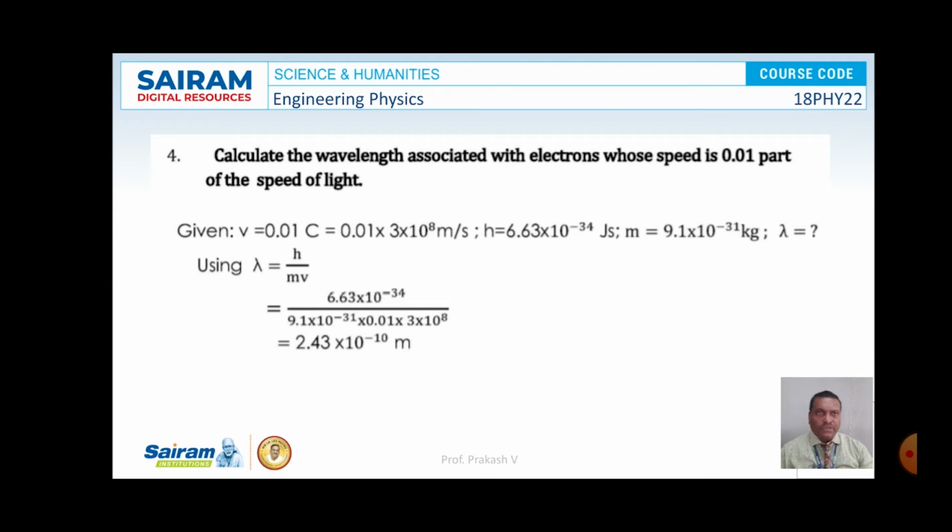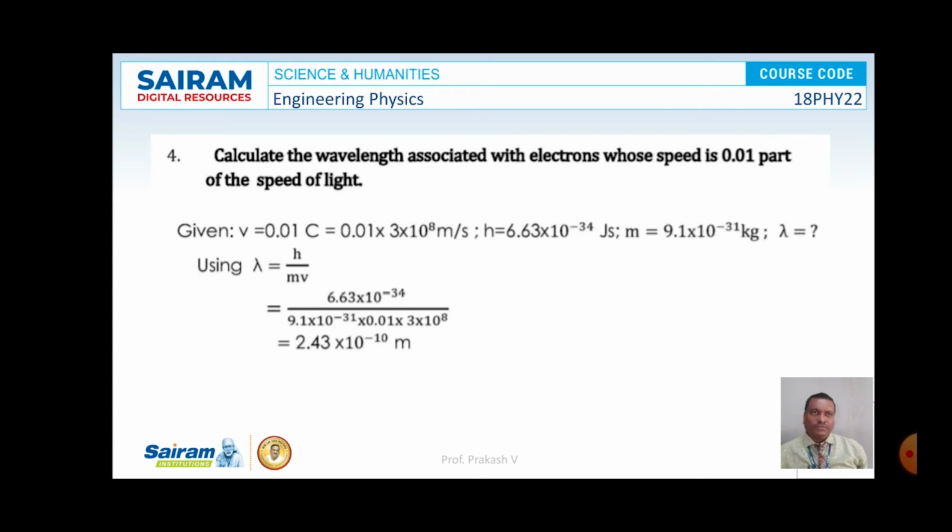The fourth problem: calculate the wavelength associated with electrons whose speed is 0.01 part of the speed of light. So here the velocity v is given as 0.01 into c, that is equal to 0.01 into 3 into 10 to the power of 8 meter per second, and the value of h is 6.63 into 10 to the power of minus 34 joule second, and the value of m is 9.1 into 10 to the power of minus 31 kg.